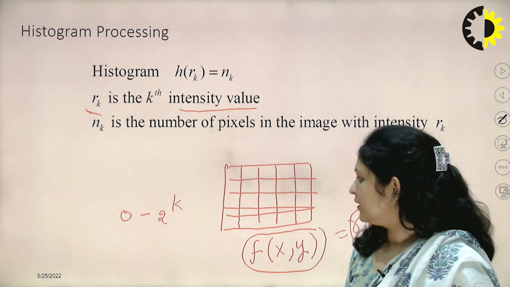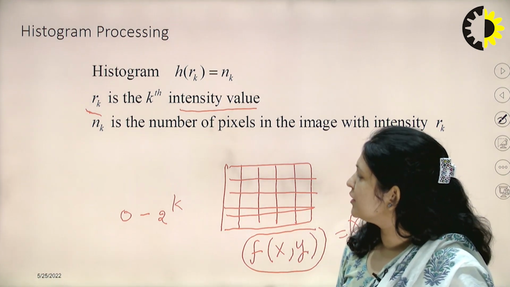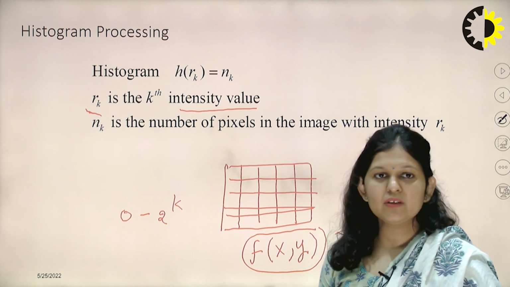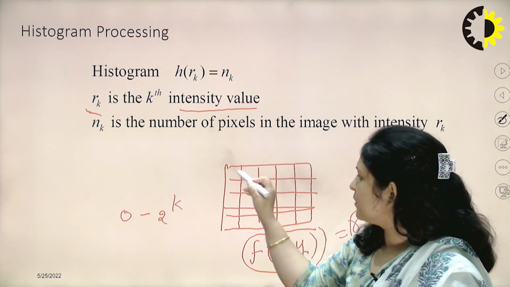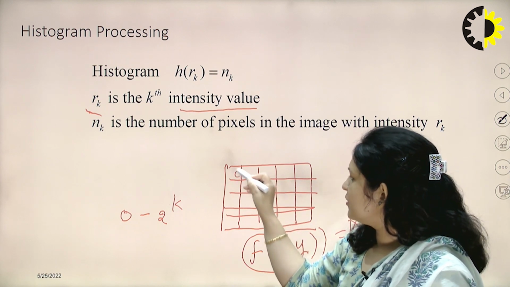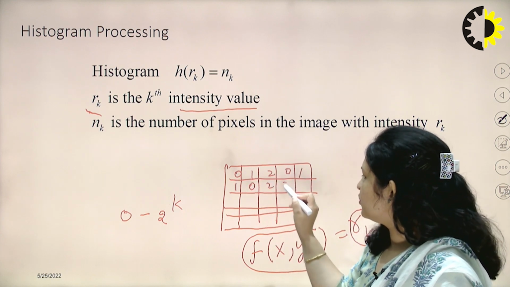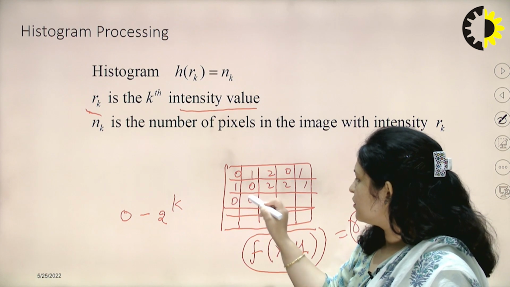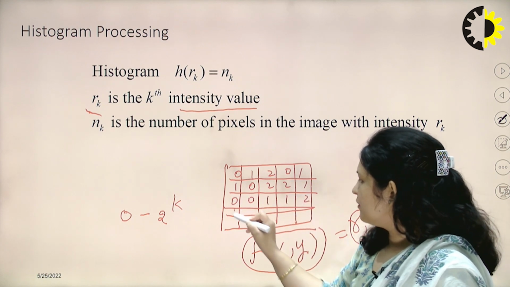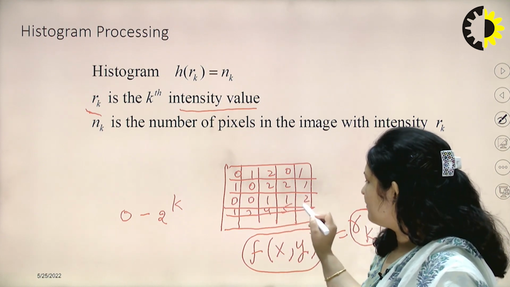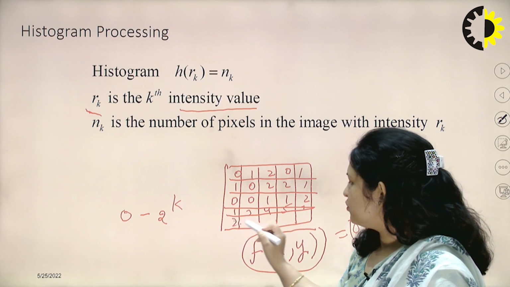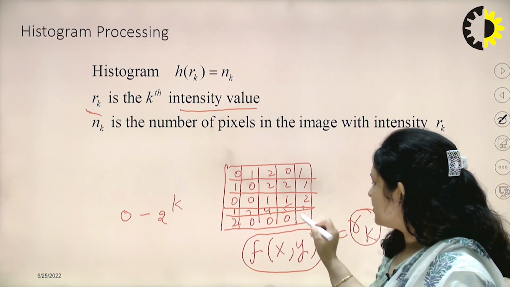Now this intensity value r_k may be taken by more than one pixel. For say, this particular image has the values 0, 1, 2, 0, 1, 1, 0, 2, 2, 1, 0, 0, 1, 1, 2, 1, 3, 4, 5, 1, 2, 0, 0, 0, 0.